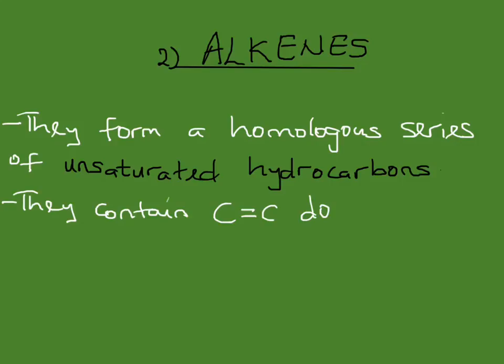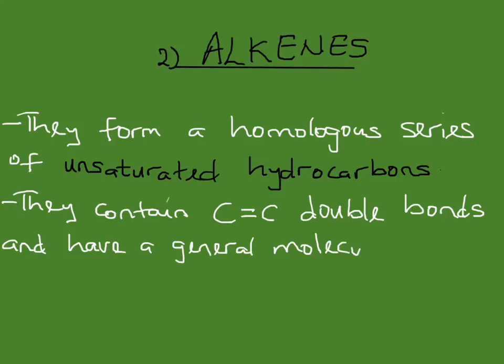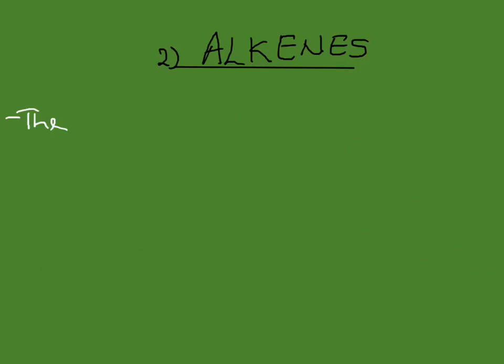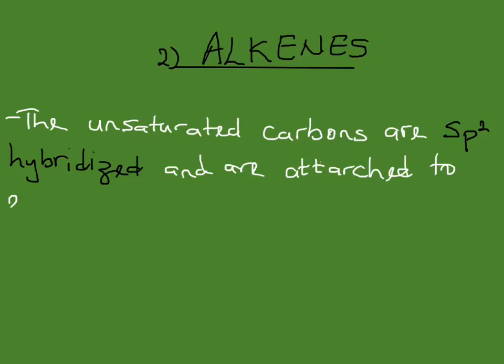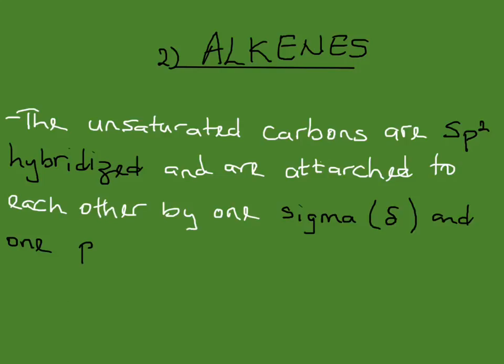They contain carbon-to-carbon double bonds and have a general molecular formula CnH2n. The unsaturated carbons are sp2 hybridized and are attached to each other by one sigma bond and one pi bond.